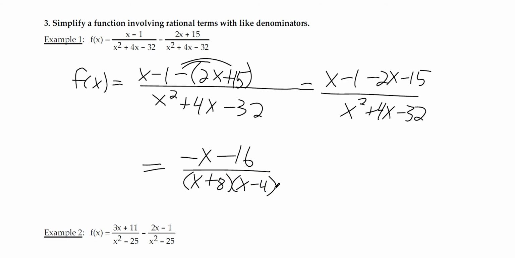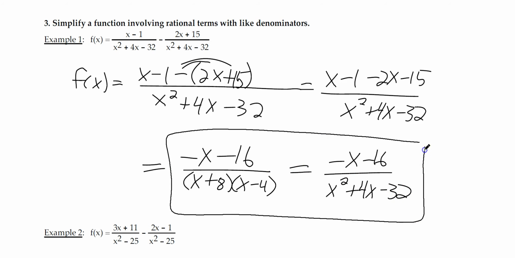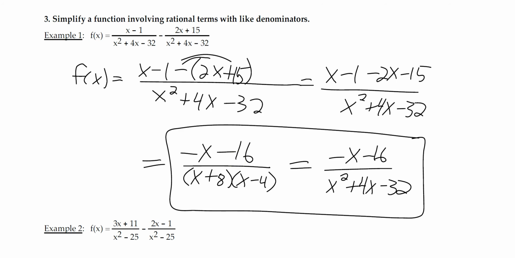Nothing reduces. So whether you want to write it that way or you want to write it without the factoring done, both answers are simplified. So either answer is fine. But in order to know that it's simplified, you do need to try to simplify it. So since you try to simplify it, you should get this far, and that's fine if you write your answer like that. All right, let's look at the next example.